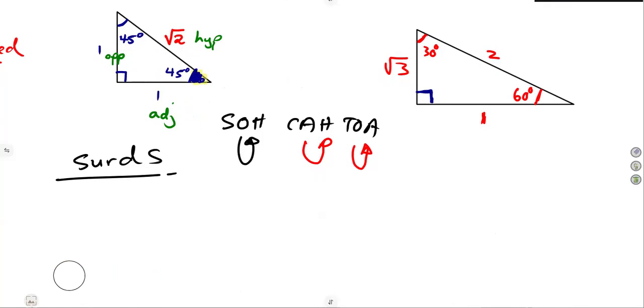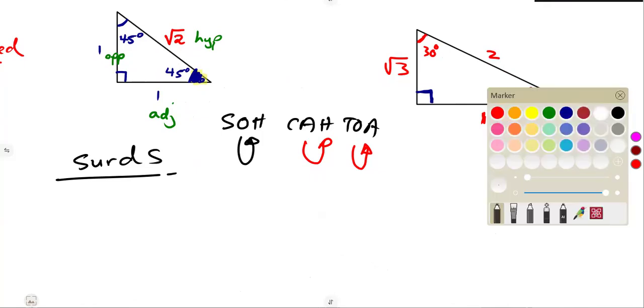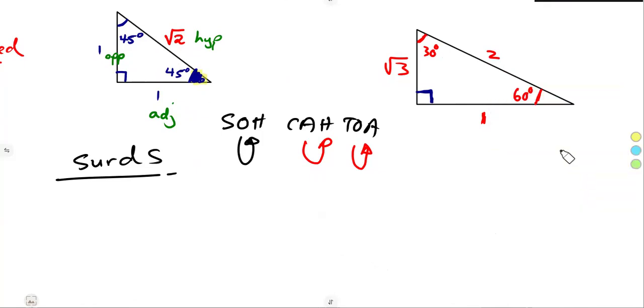So we can use the previous idea to obtain the trigonometrical ratios operating from the angle of 30, and operating from the angle of 60 degrees. So let's start with the angle of 30 degrees, all right?